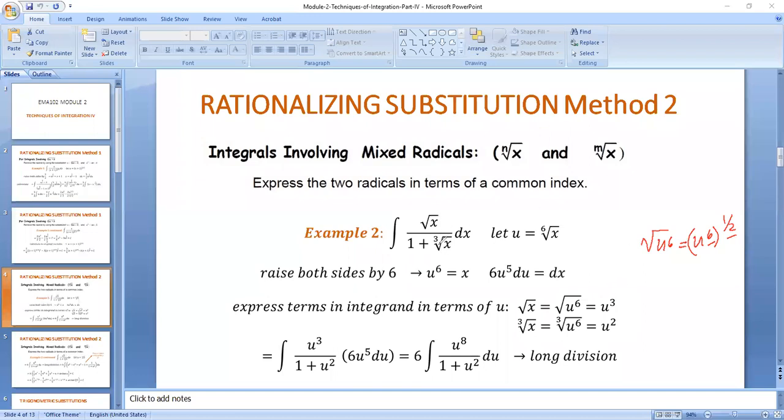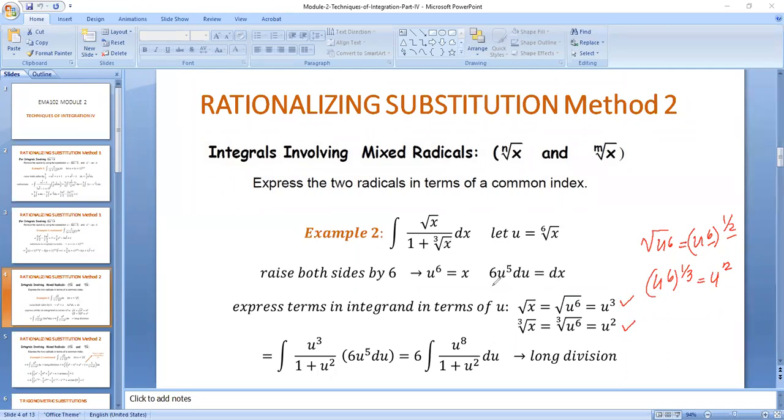In the case of the cube root of x, it is still u raised to 6. So you have u raised to 6 raised to 1/3. So 6 divided by 3. If you multiply, it's 6 over 3. That would be u raised to 2. So the square root of x you have here will be u cubed, and the cube root of x here will be u squared.